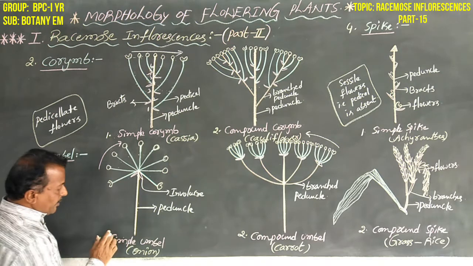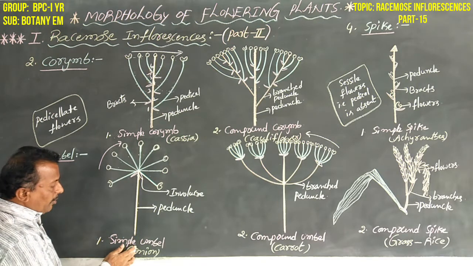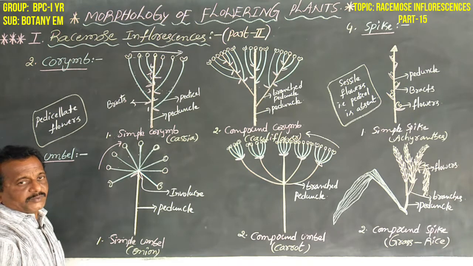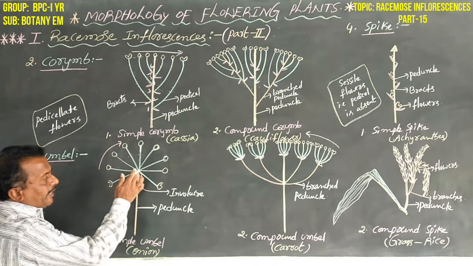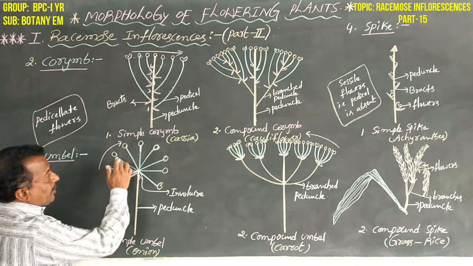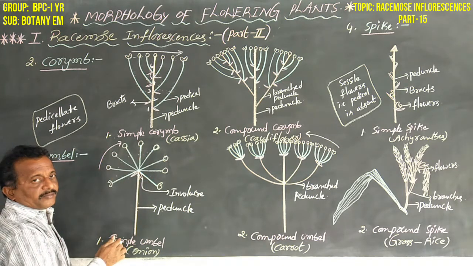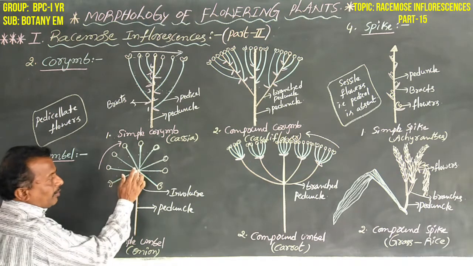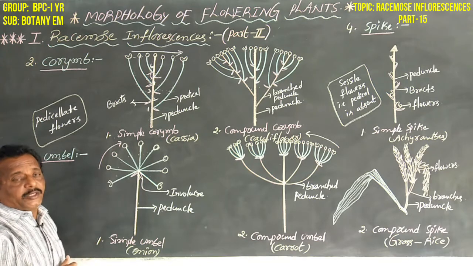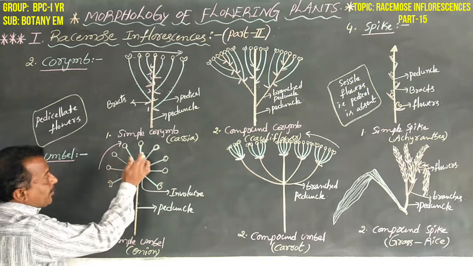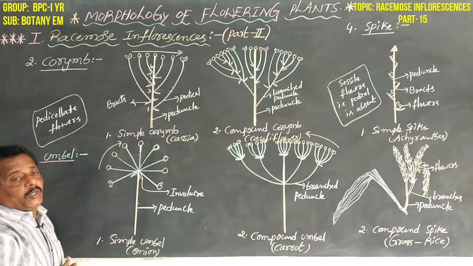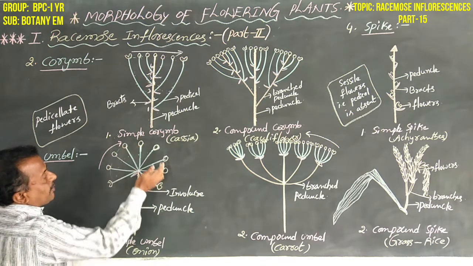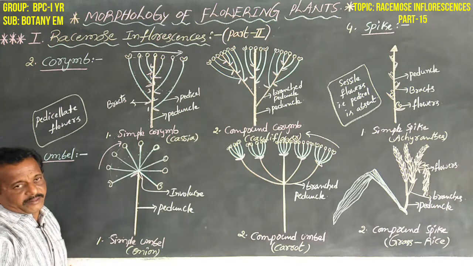But here in simple umbel, especially onion, the peduncle is unbranched and condensed. Several pedicels are present at the tip of the peduncle, and these pedicels develop from a single node and are similar in length.